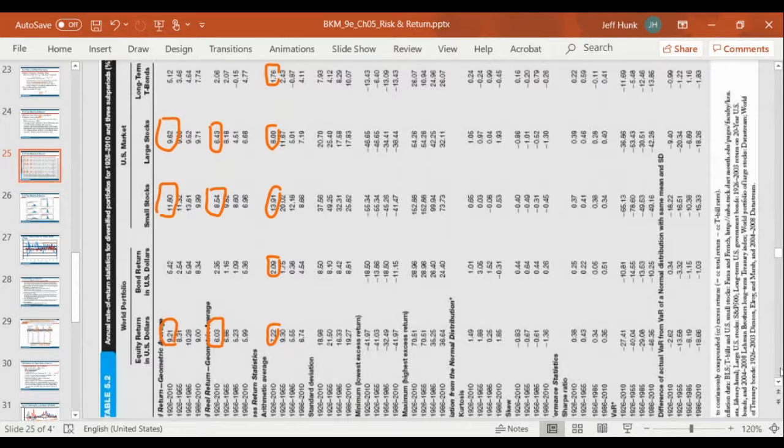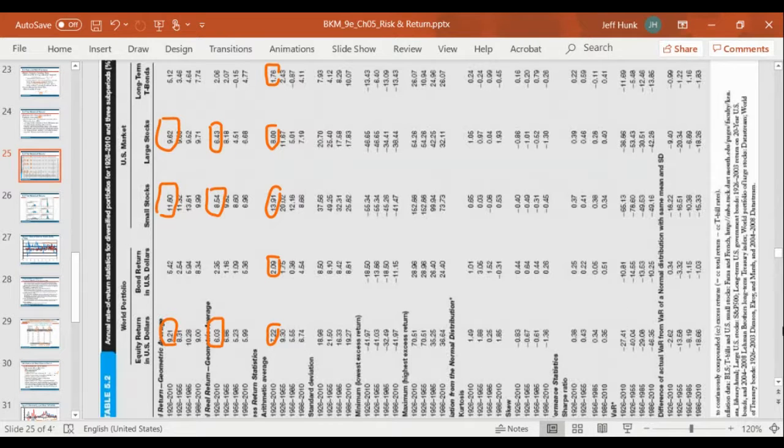If the stock market is doing well, bond return won't be doing well, and vice versa, right? Because if the stock market is not doing well, the money finds haven or shelter in bonds, right, for safety.